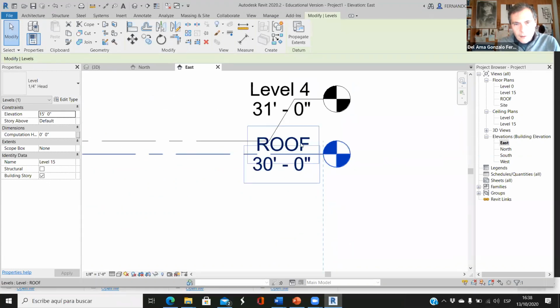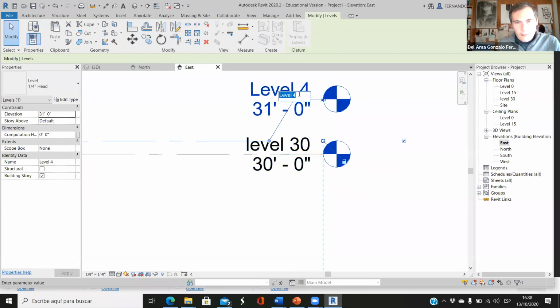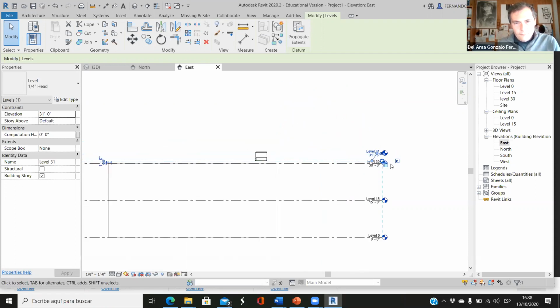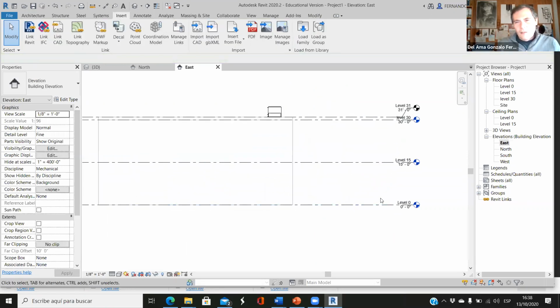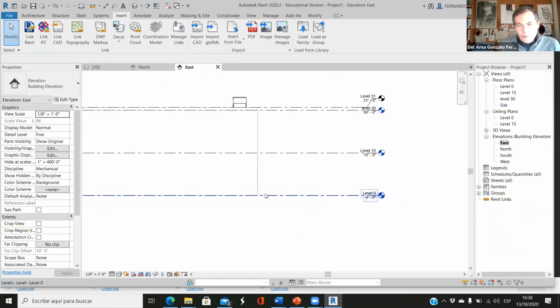And that will be level 30. And that will be level 31. There you go. Okay, so we have 2 floors here. I don't know. We should have a basement, but I'm going to place this equipment not in the basement, but on level 0.